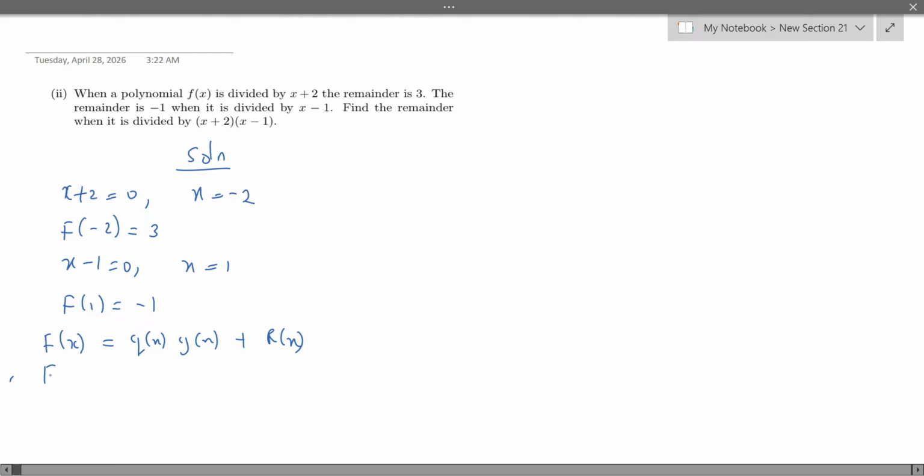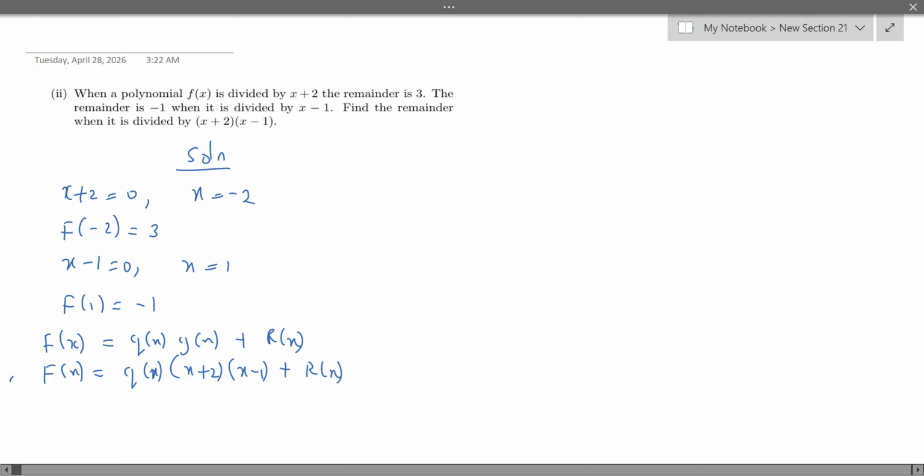So now we have f of x is equal to, we don't know what the quotient is, but we do know what we are dividing with, which is x plus 2 and x minus 1, plus r of x. But I want us to understand something: there's a relationship between the divisor and the remainder.